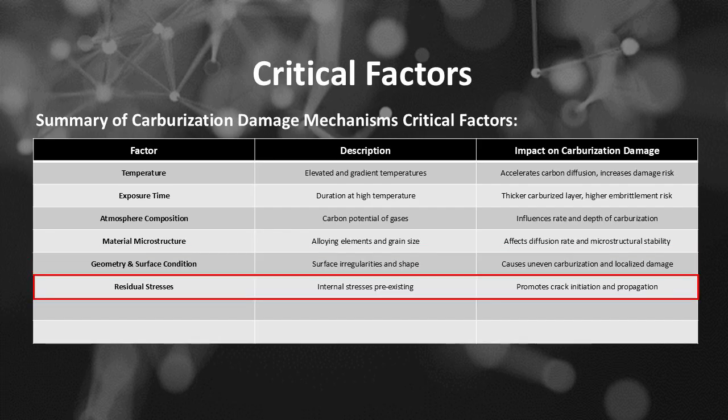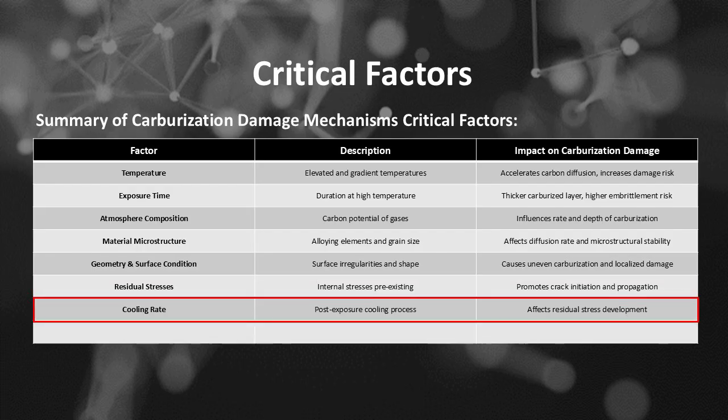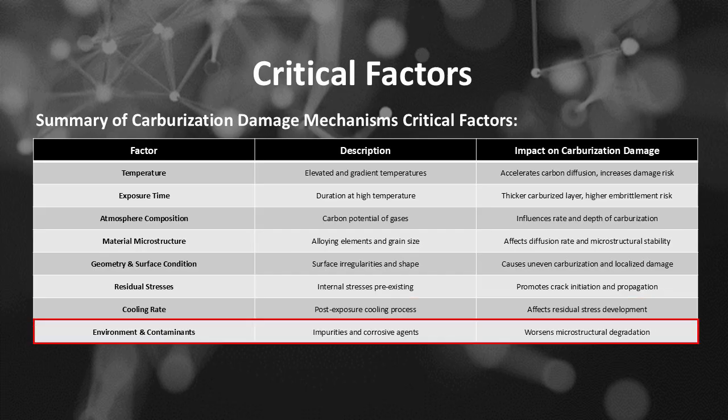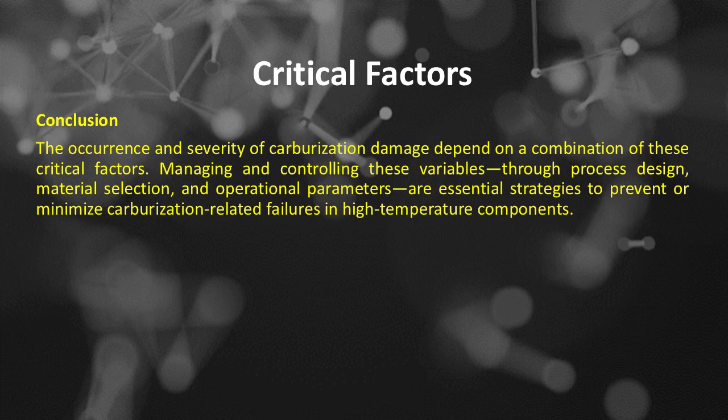If the factor is residual stresses, described as internal stresses pre-existing, the impact on carburization damage is promotes crack initiation and propagation. If the factor is cooling rate, described as post-exposure cooling process, the impact on carburization damage is affects residual stress development. If the factor is environment contaminants, described as impurities and corrosive agents, the impact on carburization damage is worsens microstructural degradation.